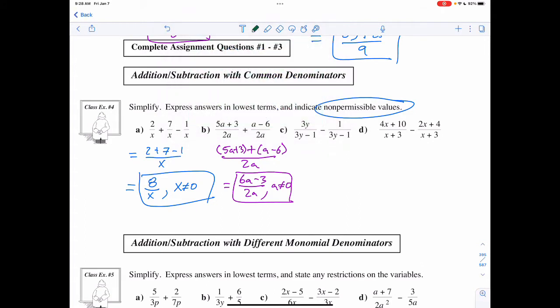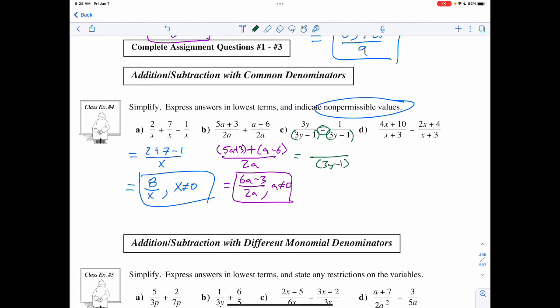When I get to example C, still same denominators, but in this case, they are binomials, which is fine. I'm still going to say that it's all going to be over the common denominator of 3y minus 1.